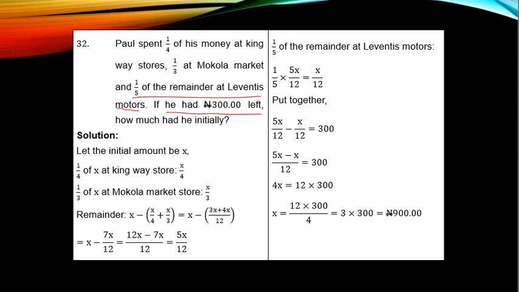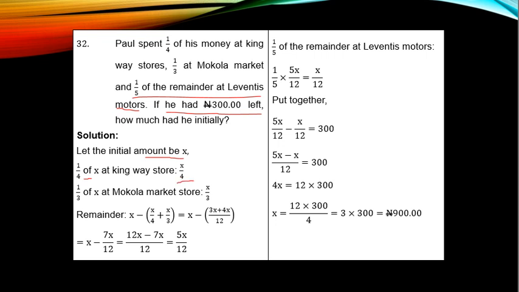So let the initial amount be S. 1/4 of S at Kingway stores means times, from lesson 2 we said that. So 1/4 of S means 1/4 times S, that is S/4.